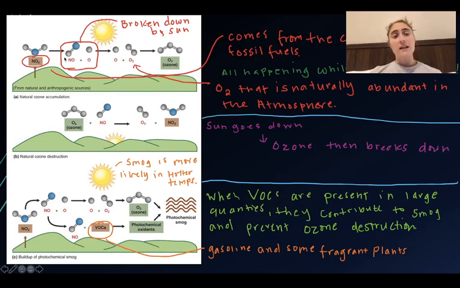Now what happens is that NO2 gets broken up into NO, nitrogen oxide, and one oxygen. And this separation happens as a result of the sun. So remember, photochemical oxidants require transformations in the atmosphere, and sunlight is one of those things that drives those transformations. So we've got the NO2 that's being separated by sunlight, and that NO and O, that excess oxygen, is then going to combine with O2, and O2 is something that's naturally abundant in our atmosphere.